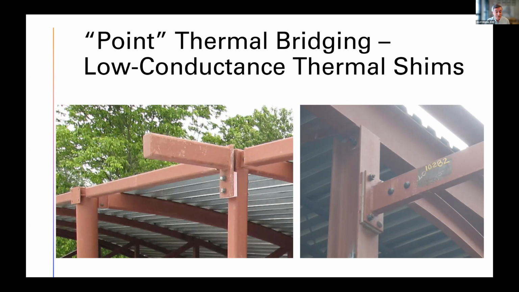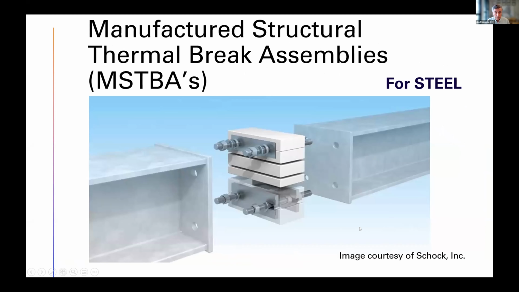You also have to let your special inspector know that this is not a mistake. They didn't just put in a piece of packing styrofoam in the connection. These are stainless steel bolts and a designed compressive capacity of rigid insulation. And again, thickness matters. So the detail on the right, I probably wouldn't do today.